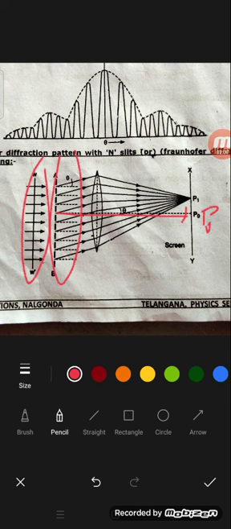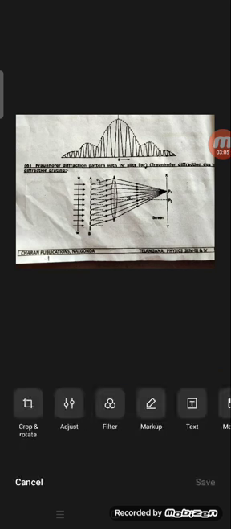The secondary wavelets formed at the point P naught act as the central maxima. P naught is the central maximum point. Now the light diffracted at a certain angle theta will form the diffraction pattern at a certain point, let it be P1, right? Now we know this is the constructional or diagrammatic part.